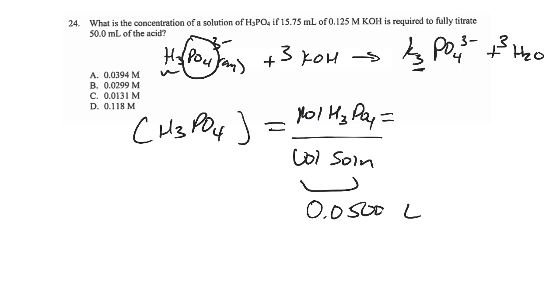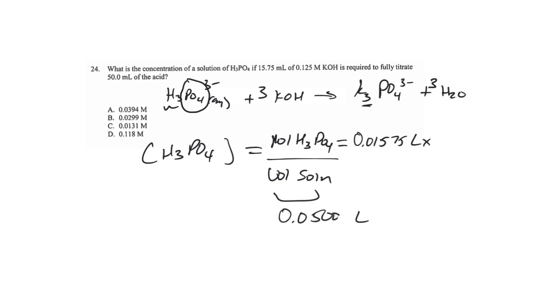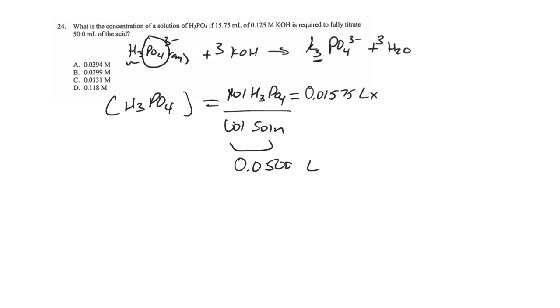So the moles of H3PO4, we use the volume of the KOH and the concentration of KOH. So if we take 0.01575 liters of KOH times 0.125 moles of KOH per liter, the volume cancels.